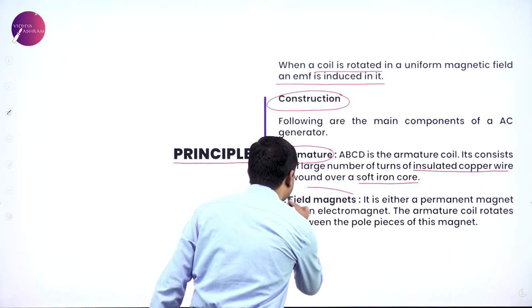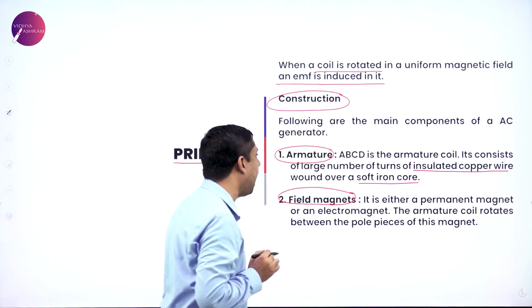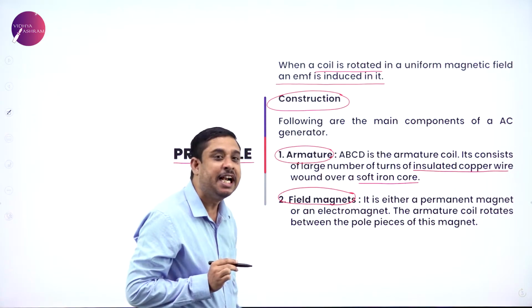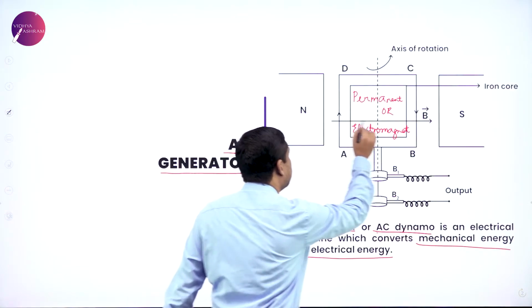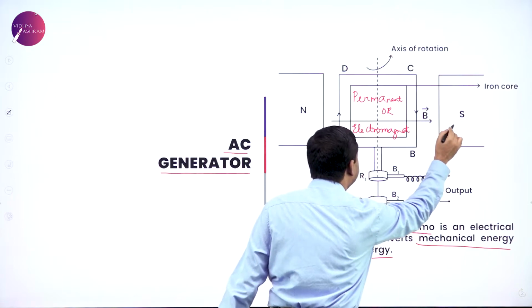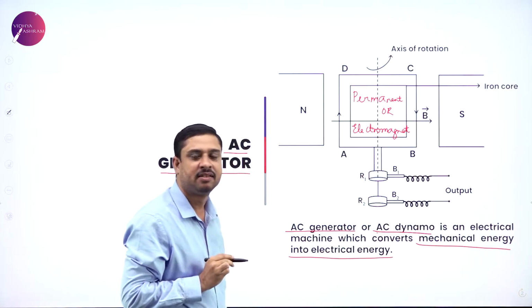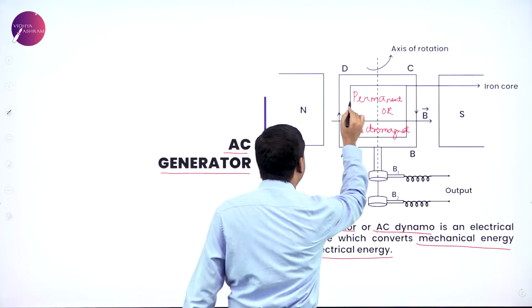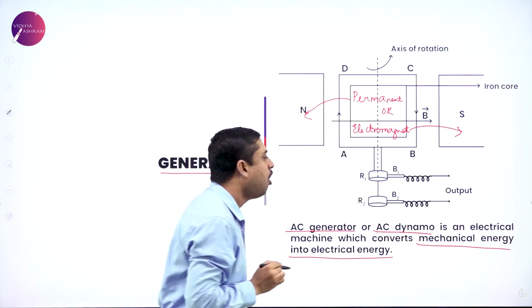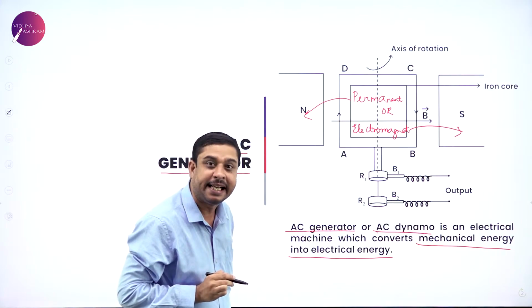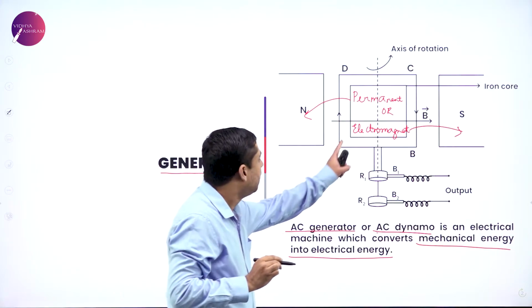The next is what I call the field magnets. So these are the poles of the field magnets. As I told, they are either permanent in nature or electromagnet in nature.